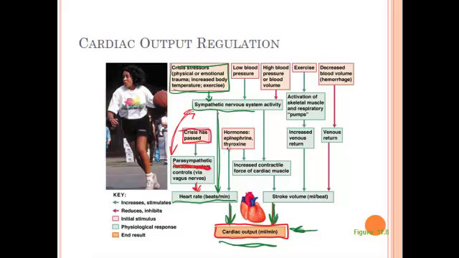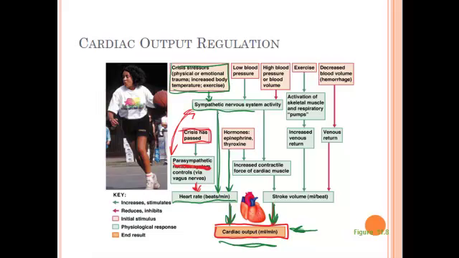There are also hormones that can affect your heart rate. So things like epinephrine, which is one of the main hormones of the sympathetic nervous system. Thyroxine is another hormone that is produced and is used to increase the heart rate that you have. So all these things come into affect the heart rate.